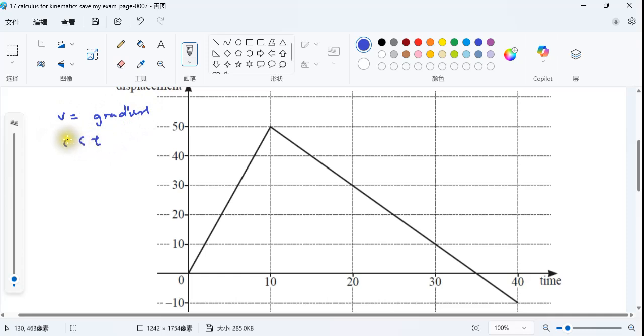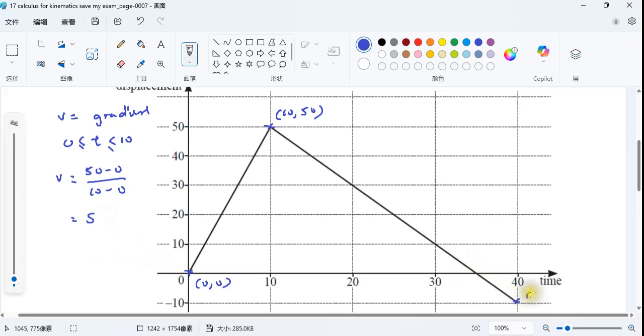So the t between 0 and 10, the V will be, this one is 10, 50, this is 0, 0, so 50 minus 0 over 10 minus 0, which is 5.